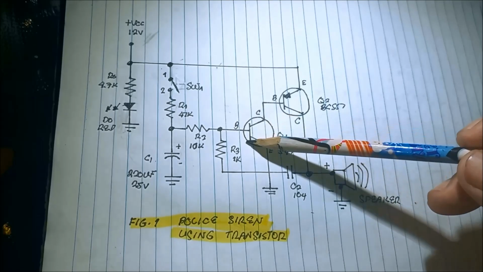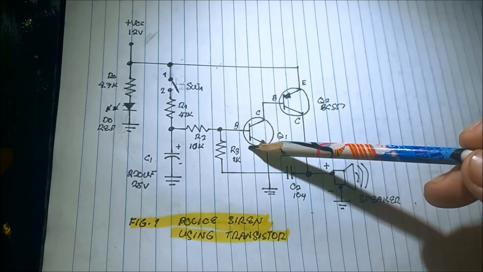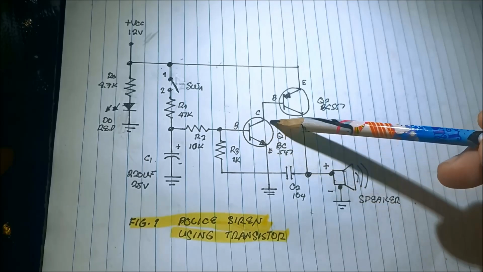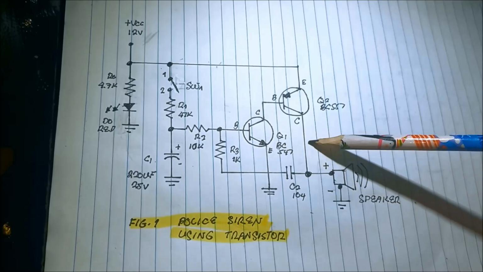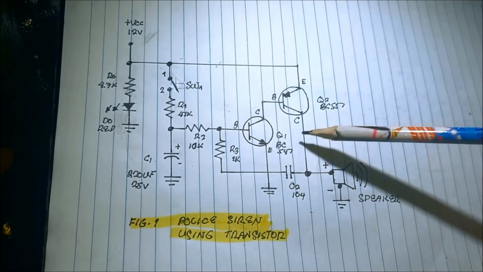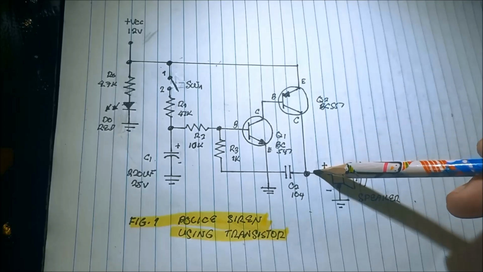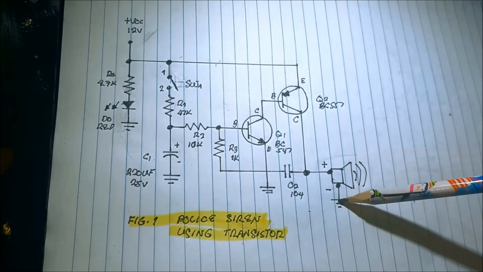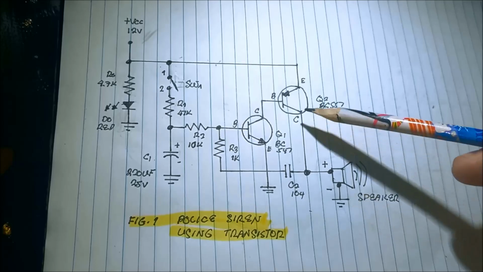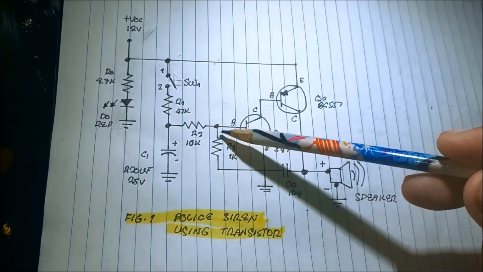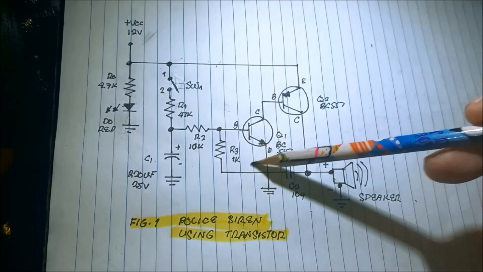For this circuit, this is an oscillator. This circuit is a type of oscillator. So let us connect the oscilloscope to the speaker to see the oscillations or the frequency of the circuit.